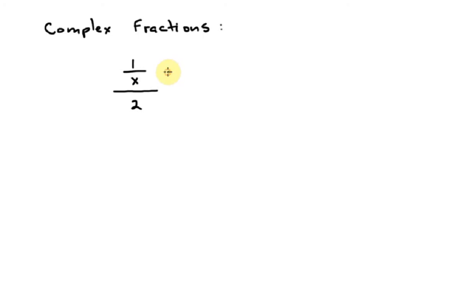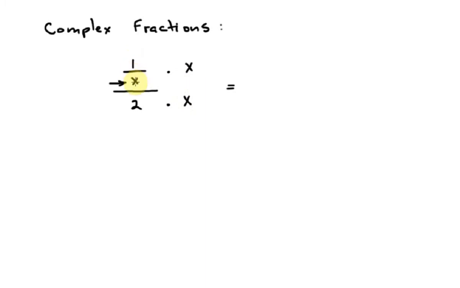The easiest way to get rid of all of this mess is to multiply the top and bottom by something that gets rid of this fraction. So I'm going to focus on this denominator. Why don't I multiply top and bottom by x? As long as you multiply the top and bottom by the same thing, this is fine.